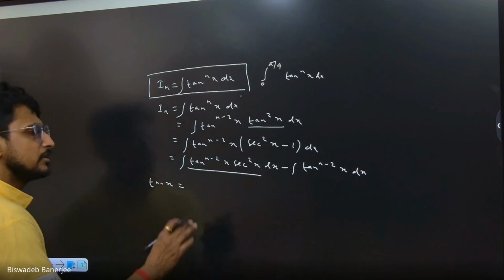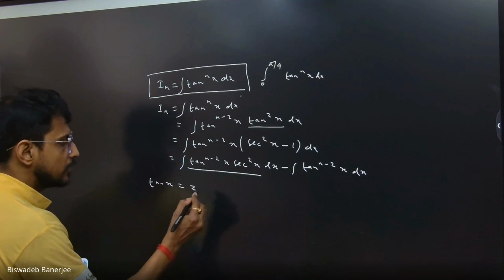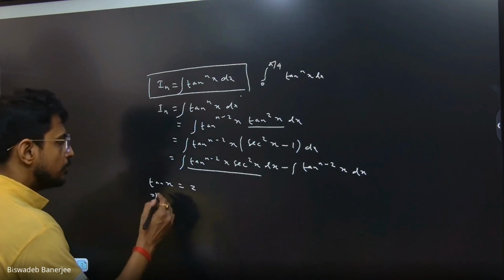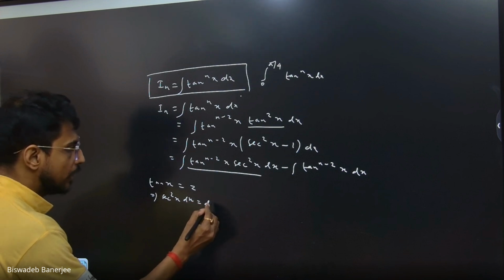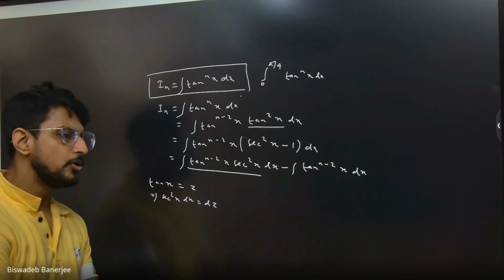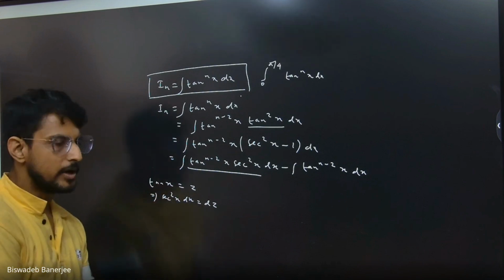But in this question we don't need by parts, because if we take tan x equal to z, then sec square x dx will be equal to dz. Simply put tan x equal to z, because the derivative of tan x is sec square x.